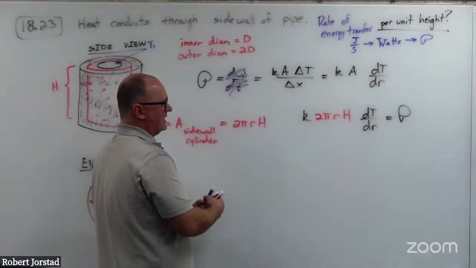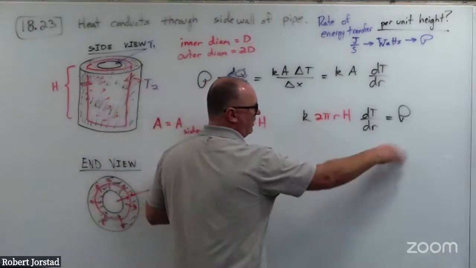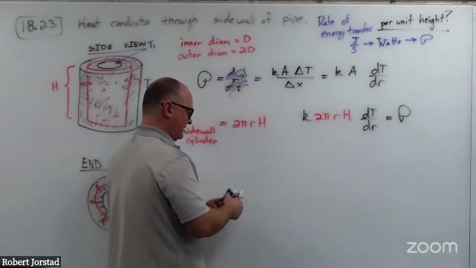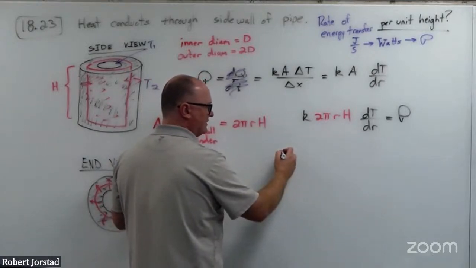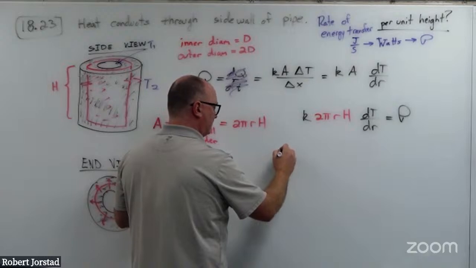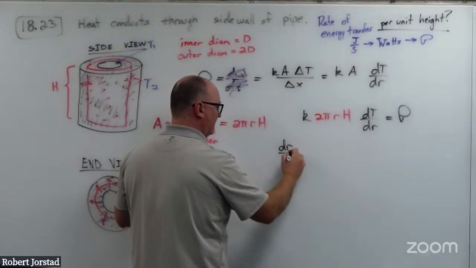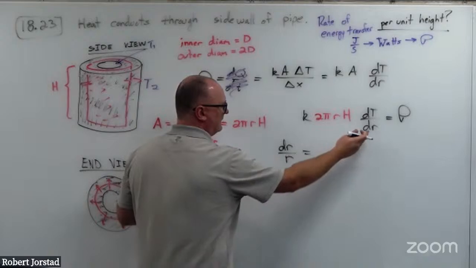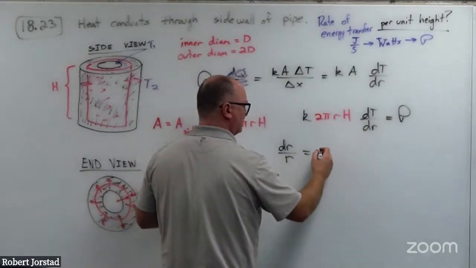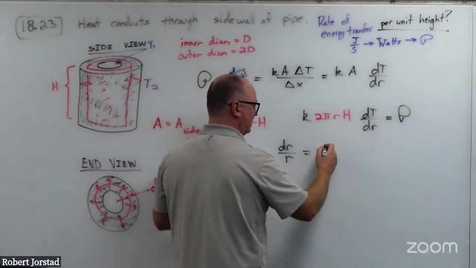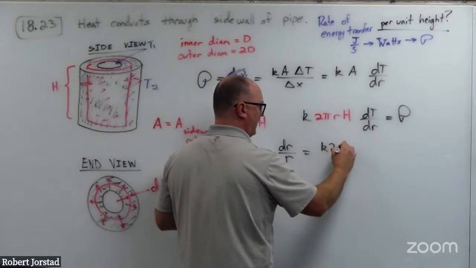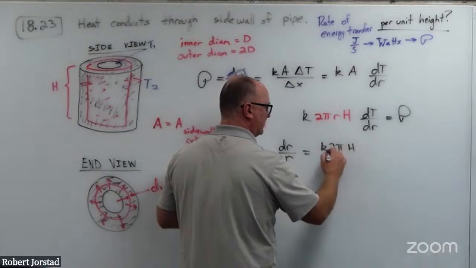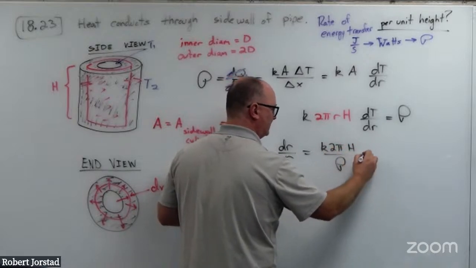I'm going to get all the r's on one side and all the T's on the other. So let's rearrange this so you get dr over r is equal to, what do you get here? k 2 pi h over the power times dT.